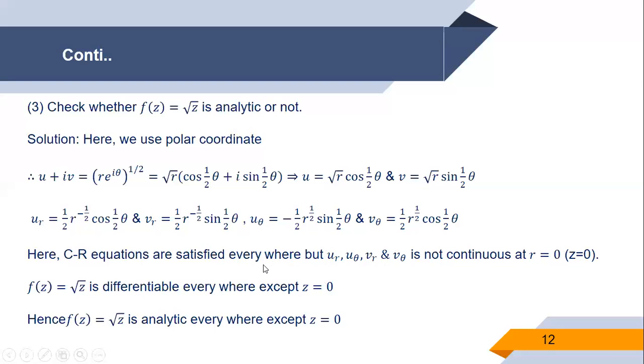Here, the CR equation is satisfied everywhere, and continuity holds everywhere except at 0. So the common region of the two conditions is everywhere except 0. We can say the function is differentiable everywhere except 0, and so the function is analytic everywhere except 0.